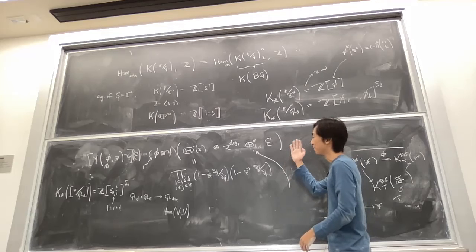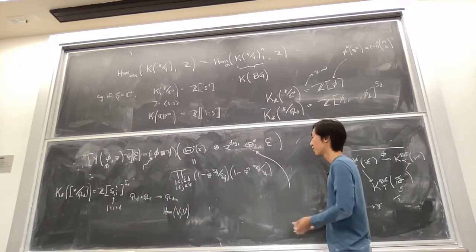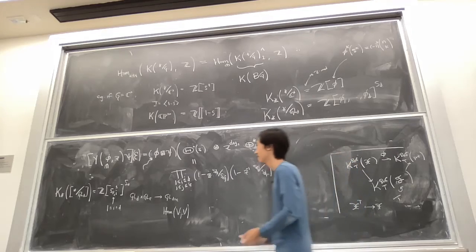Anyways, so this is the formula for your vertex operation on your state space.